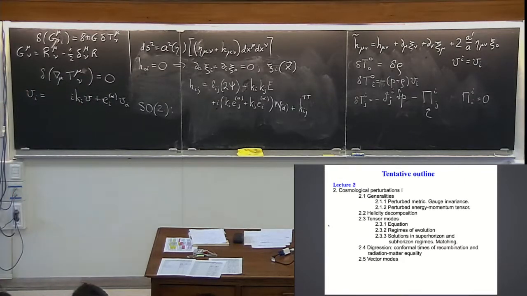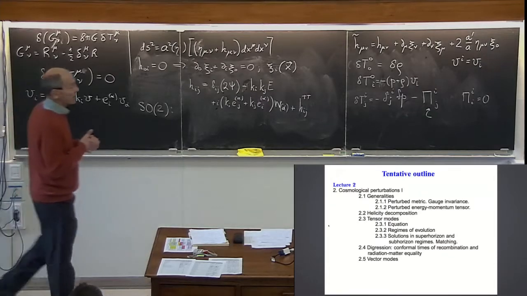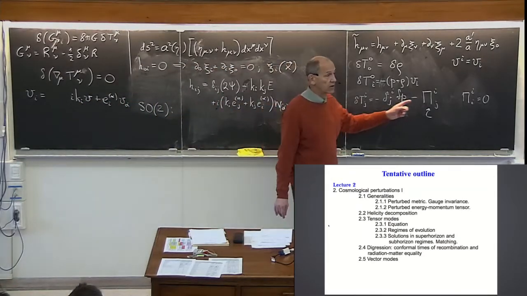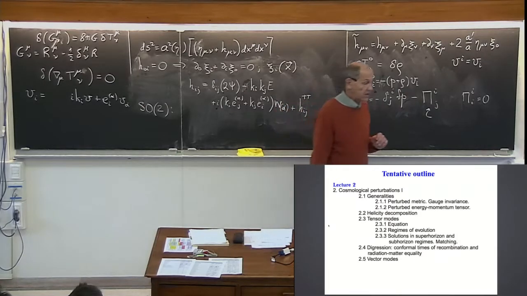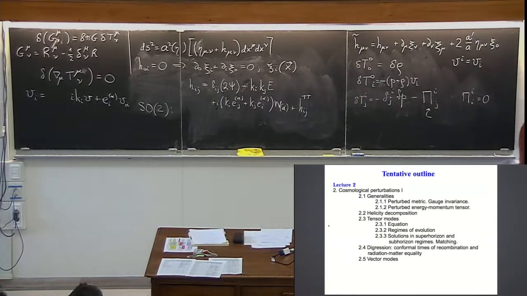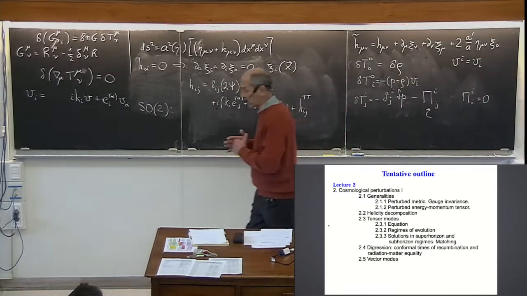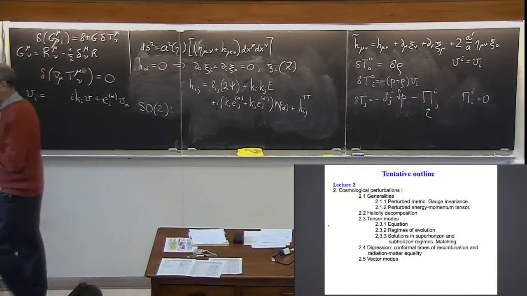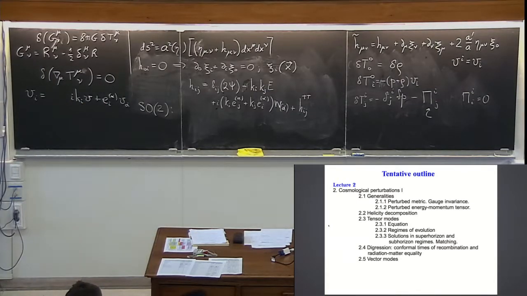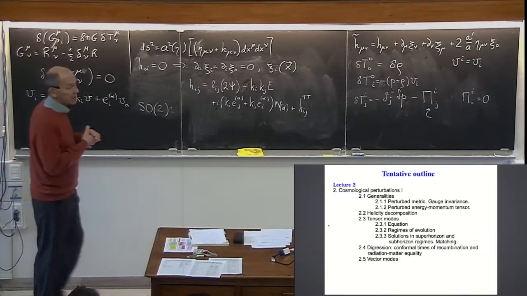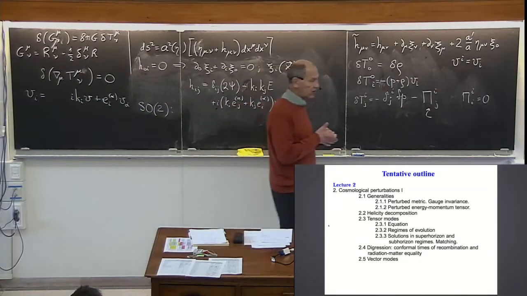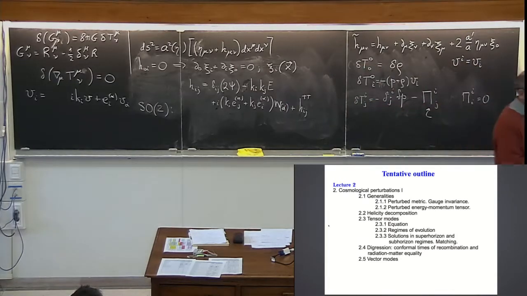And indeed, there is an anisotropic stress generated in the neutrino component. It's not a very big effect, but it has some effect, in particular on the behavior of tensor perturbations in the universe. The effect is relatively small, and therefore we are going to neglect it, simply because the energy density in neutrinos is always subdominant. It is not negligibly small, but it's small.